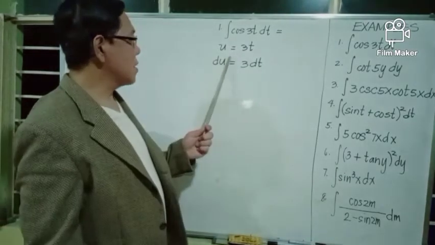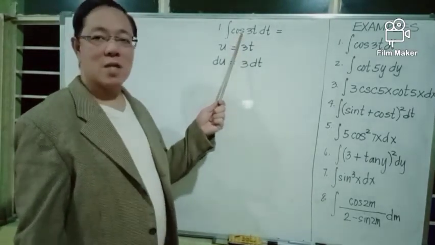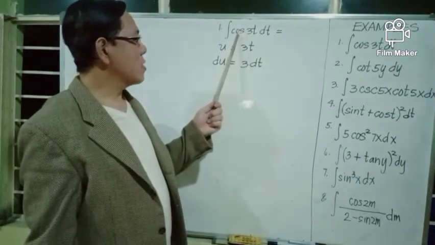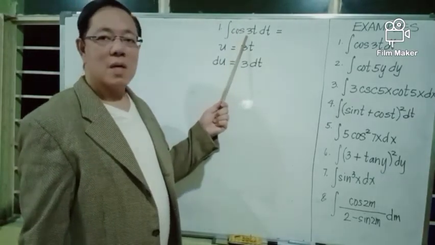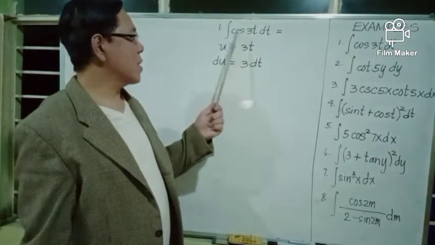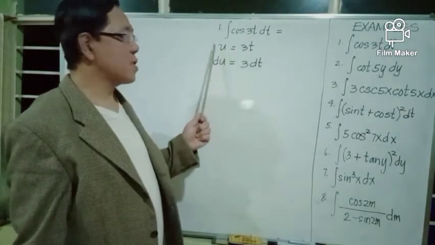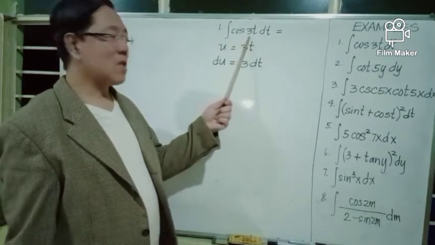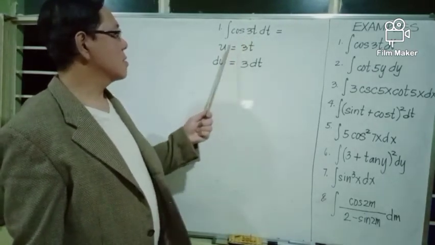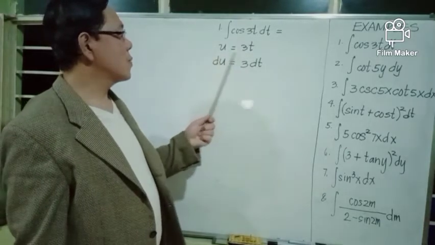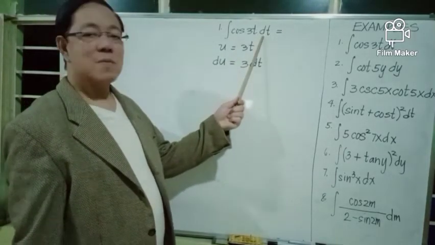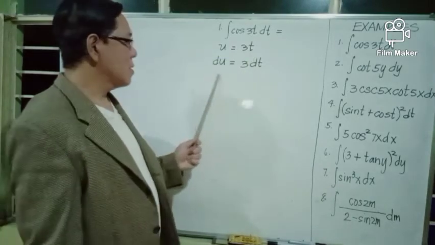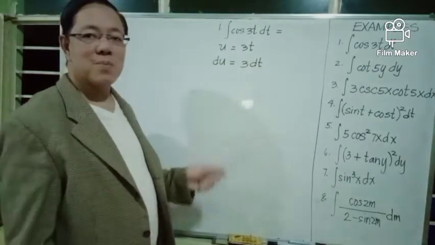Now, using u equals 3t, we will have a change of variable in the given integral, so that cosine will be a function of a single variable u with coefficient of 1. In the given integral, we will replace 3t with u, and we solve for dt from this equation by dividing both sides by 3.